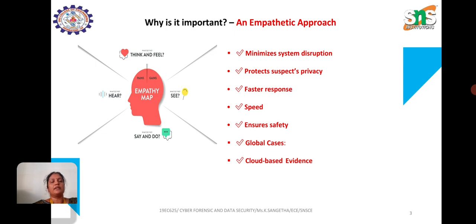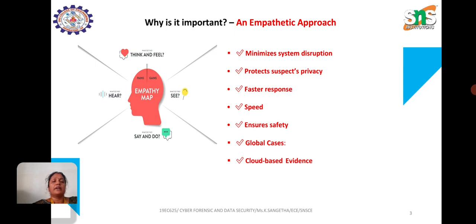So why is remote acquisition very important? An empathetic approach, that is, the evidence is collected from the customer. Remote acquisition enables fast response and secure collection of cloud-based evidence, and it protects suspects' privacy.